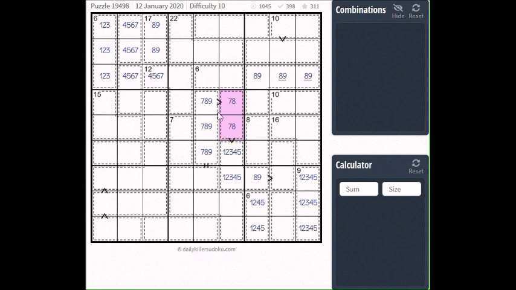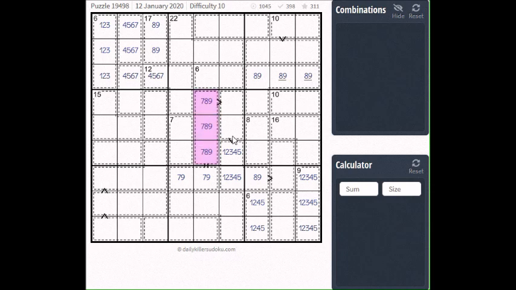So if this is 7 and 8, this must be 16 because the sum here is 15. So this must be 16 or greater, but it's also less than 16. So the result is that this would be 16 and this would be 16, which is 7, 9.